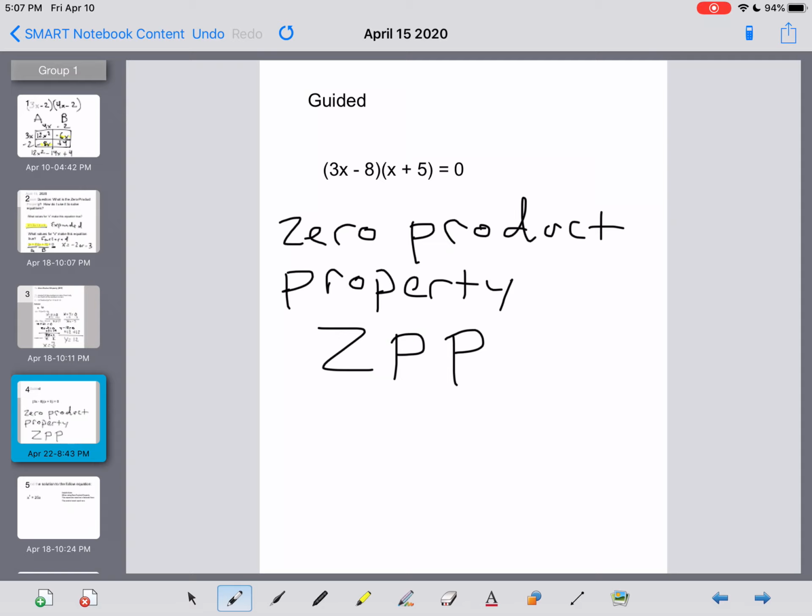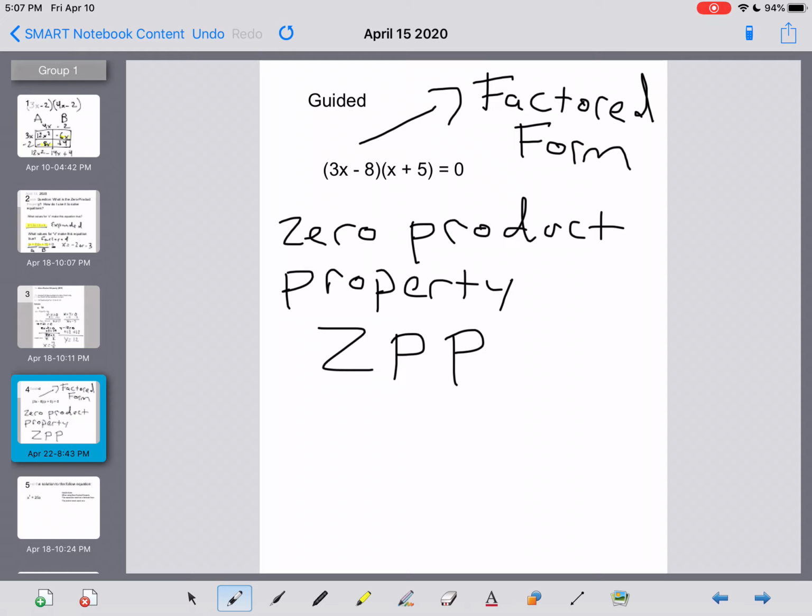Zero product property is ZPP. And in order for that to happen, our expression has to be in factored form because we're talking about a rule that only happens when you're talking about a product.